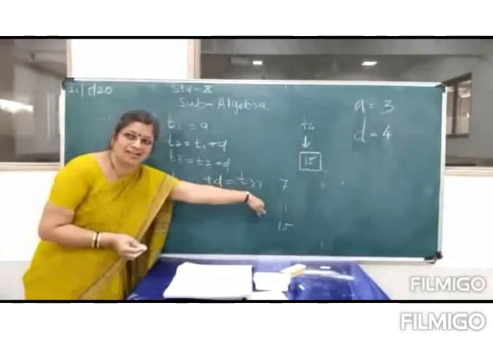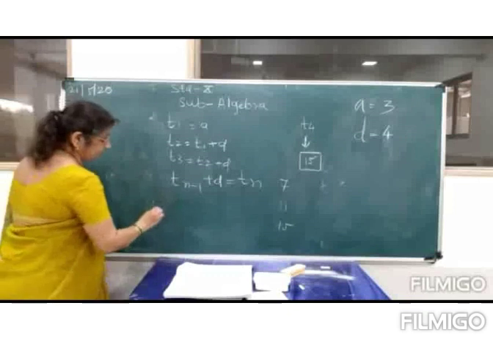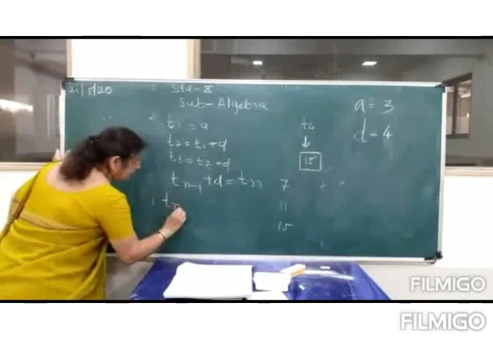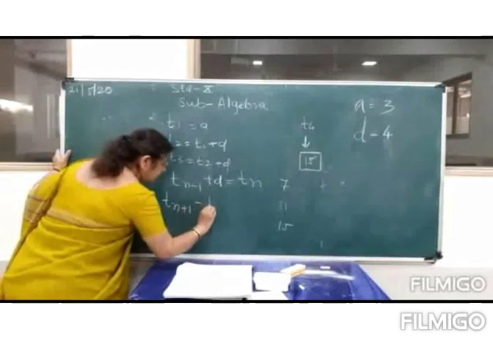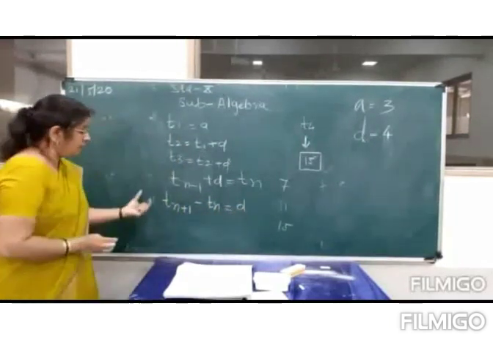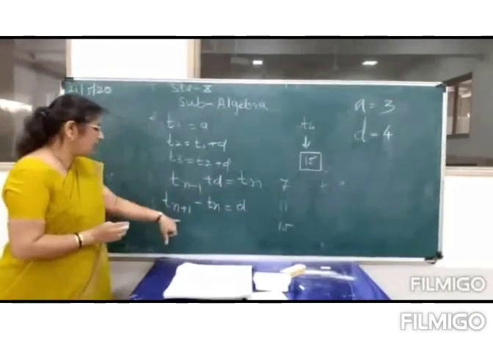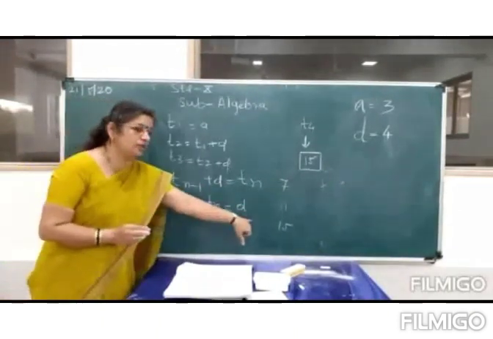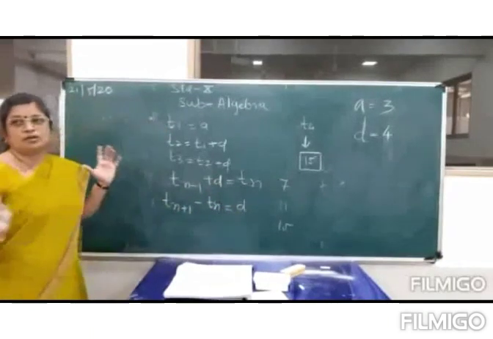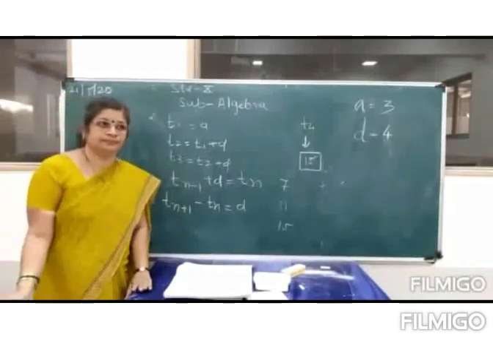So I am getting the next term. So we can write that, hence Tn plus 1 minus Tn is equal to D. Hence the sequence is an AP when Tn plus 1 minus Tn is equal to D, if n belongs to N, then we can say that the sequence is an AP.